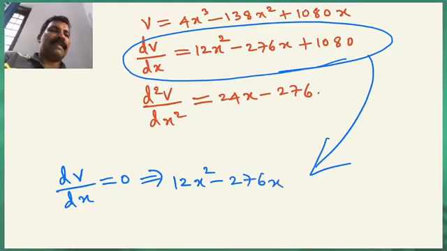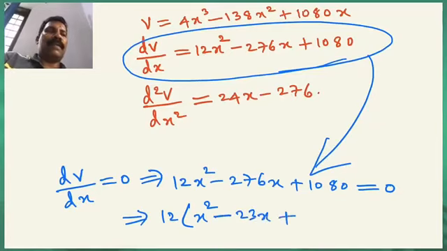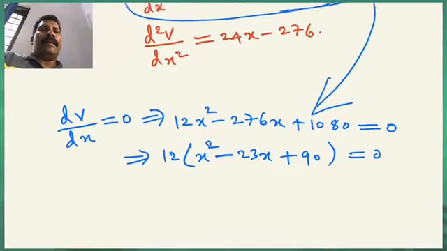which gives you 12x squared minus 276x plus 1080 equal to 0. Then we have to simplify this by the factorization method. You can take a common factor 12 outside, so that is 12 into (x squared minus 23x plus 90) equal to 0.